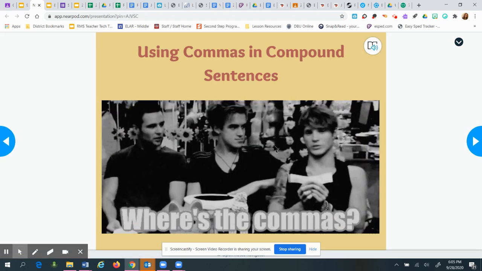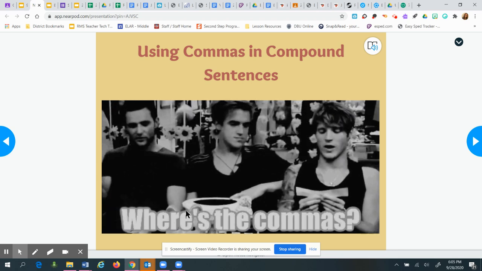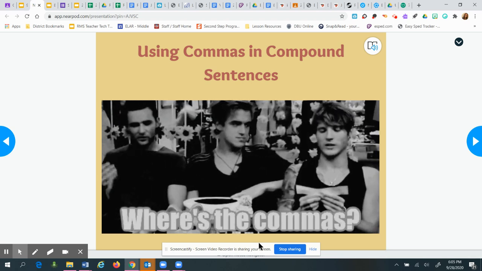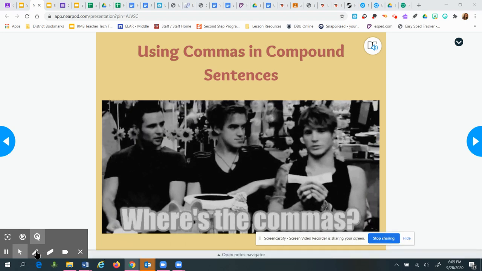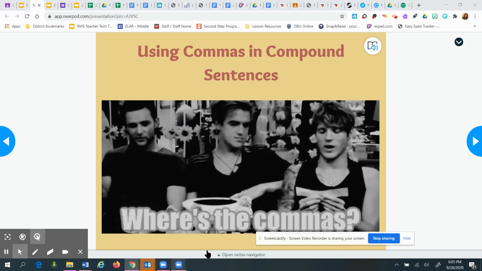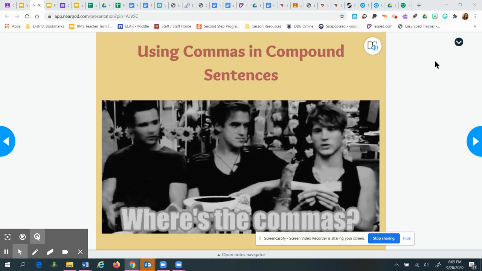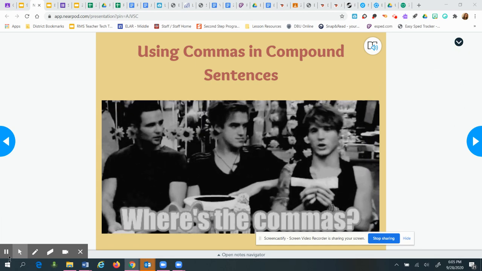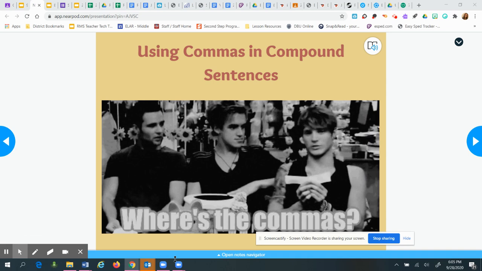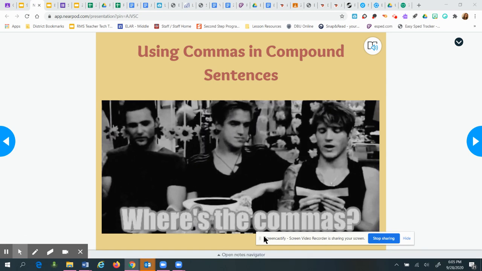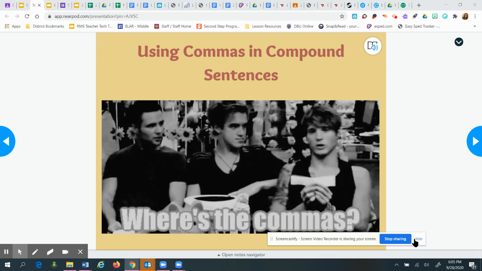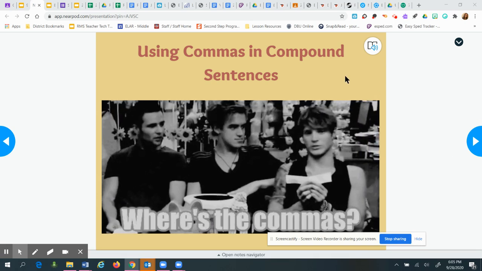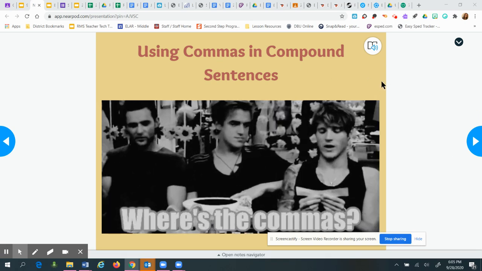Okay, so today we're talking about using commas in compound sentences. I don't know if it has it to where I can do the sound quality or not, but anyway, I'll just have to keep on keeping on. Nearpod has a new feature.